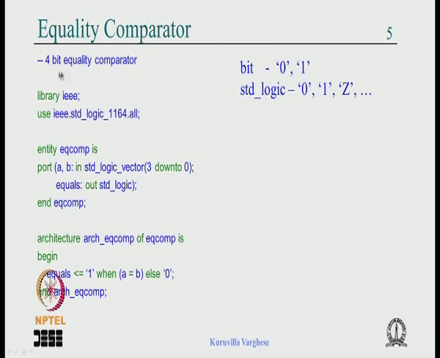This is the comment, which cannot be nested, and this is the body of the entity where the ports specify the input and output: a name, the direction and the data type. And std_logic_vector is an array of standard logic. We have seen in and out.